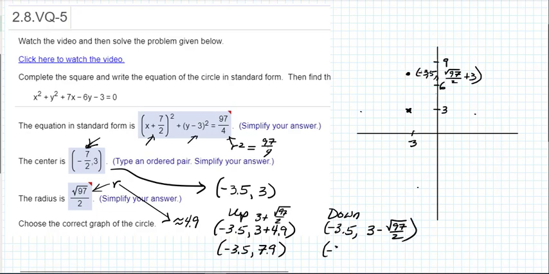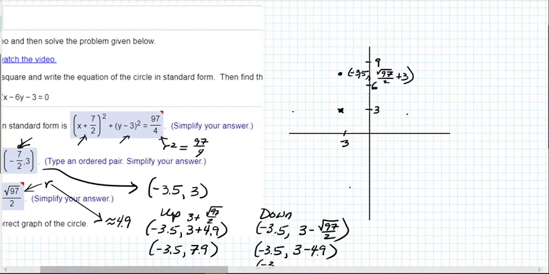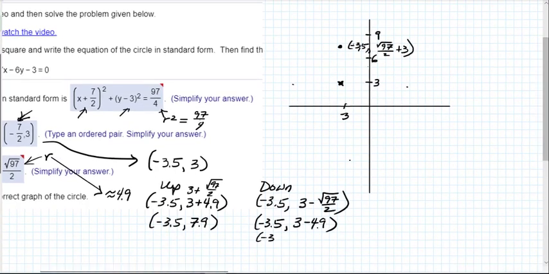But we have to think of it in terms of decimals to see approximately where that is. What is 3 minus 4.9? Well, that's negative 1.9. So we have (negative 3.5, negative 1.9).